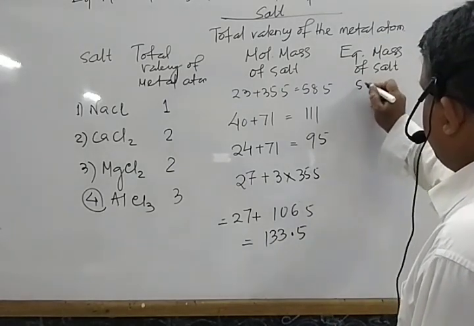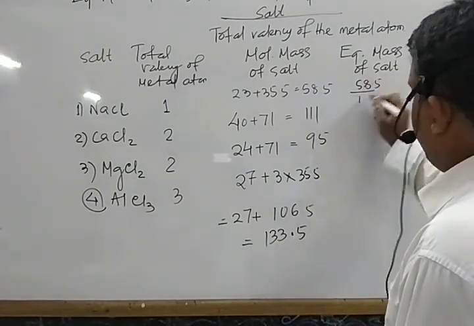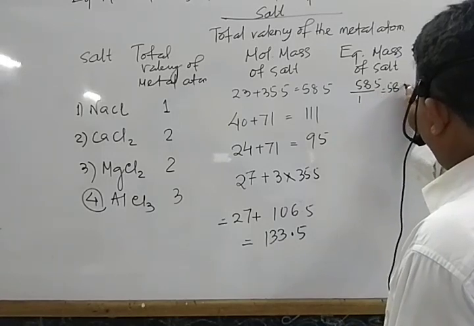So equivalent mass is equal to 58.5 by 1, 58.5.